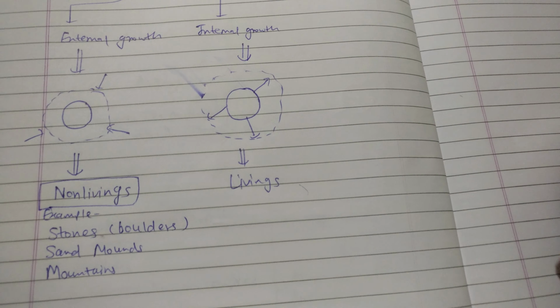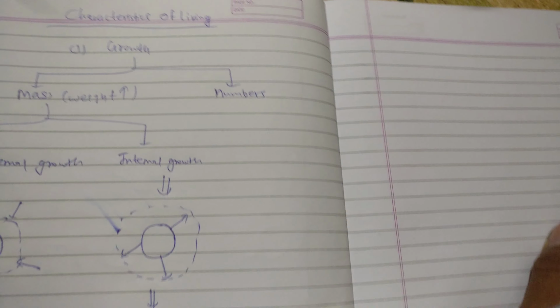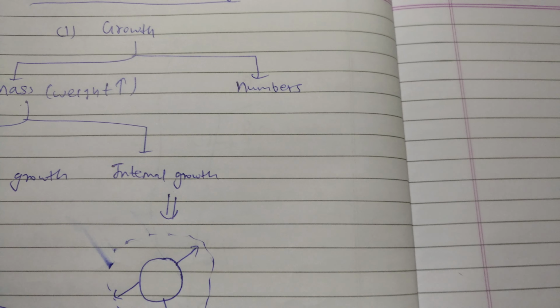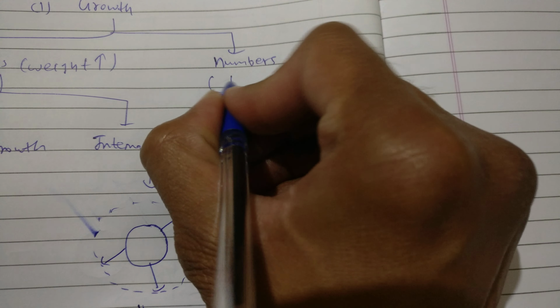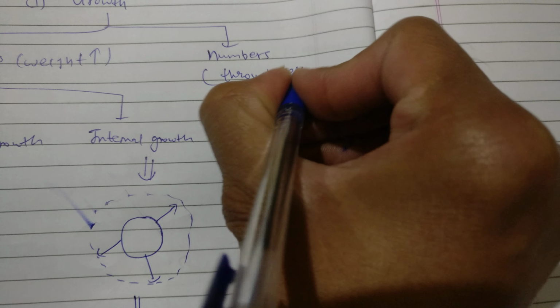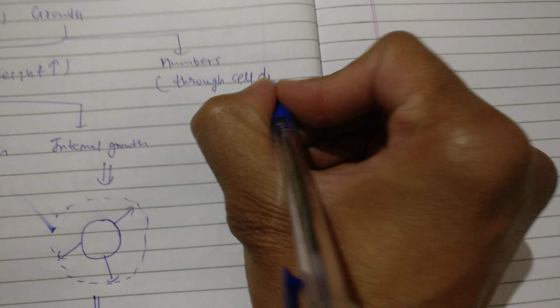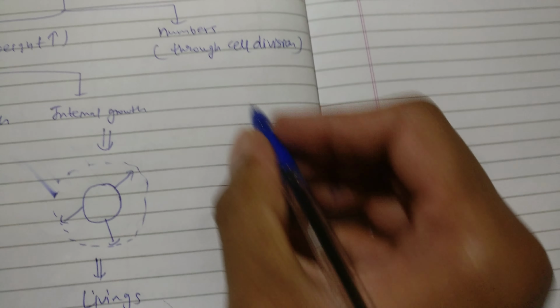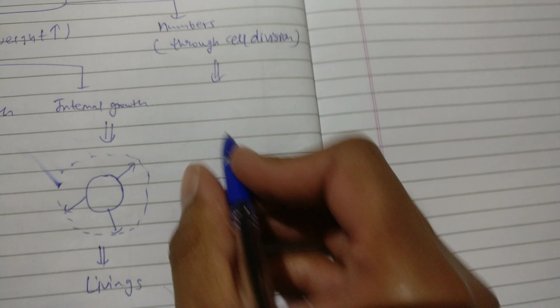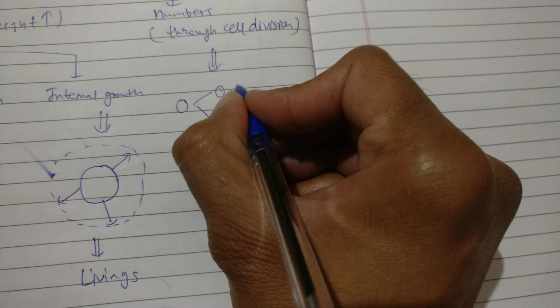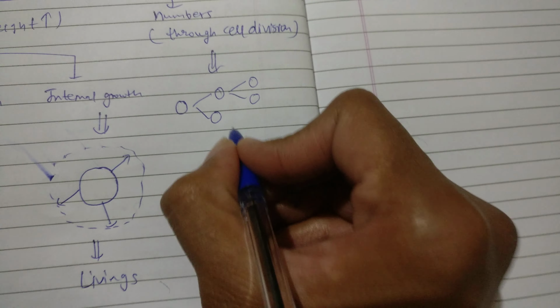And now we're talking about another type of growth, growth by numbers. Growth by numbers is actually through cell division, in which one cell divides into two cells, and these cells further divide.